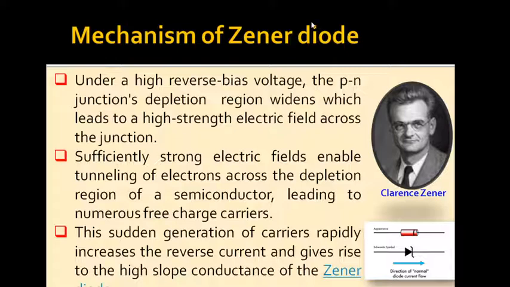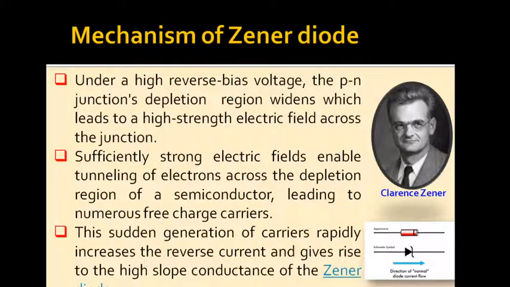How exactly does it work? When you apply a high reverse bias voltage to a PN junction, you are applying a high strength electrical field across the depletion layer or junction. Because of the high junction potential, electrons tunnel through the depletion region, and therefore numerous charges are enhanced in the conduction band.